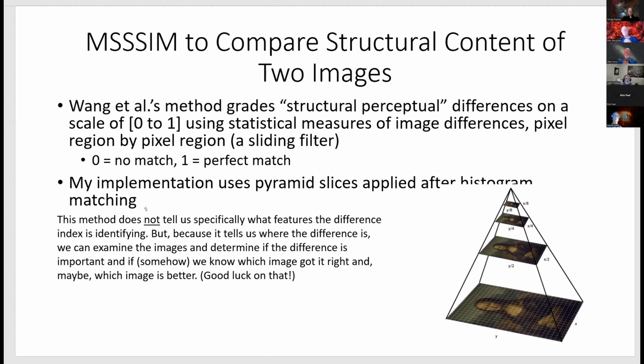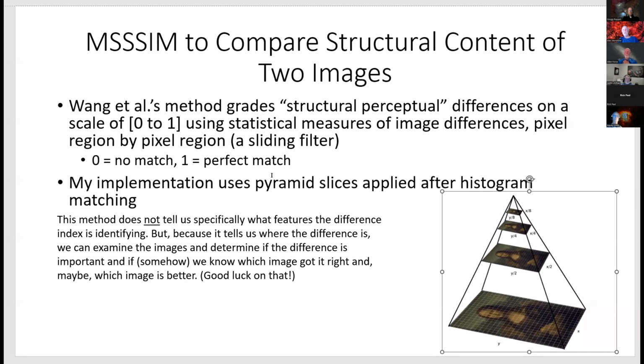The pixel value from this perceptual match, if it comes out to be 0, then the pixel is unmatched in the two images. If it's 1, there's a perfect match in the two images.